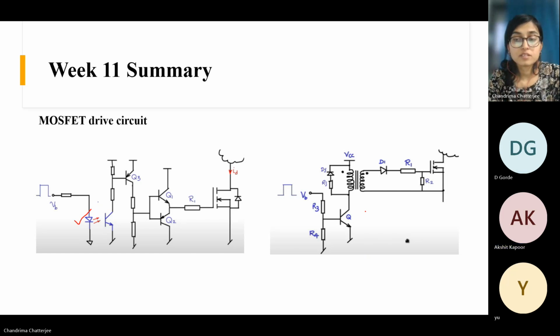Excuse me, ma'am. Yes. Ma'am, in the multi-stage base drive circuit, there is a circuit involving a rectifier, with a power side and a control side.